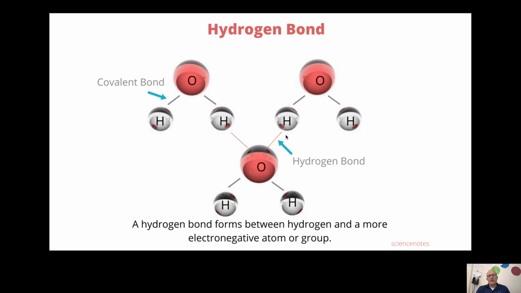These bonds are not technically the bonds between the hydrogen and oxygen within the water molecule. They're just a weaker bond between the positive side of the hydrogen and the negative oxygen.